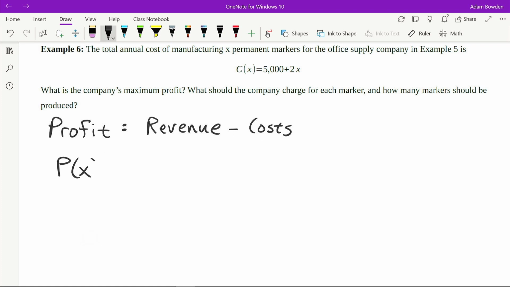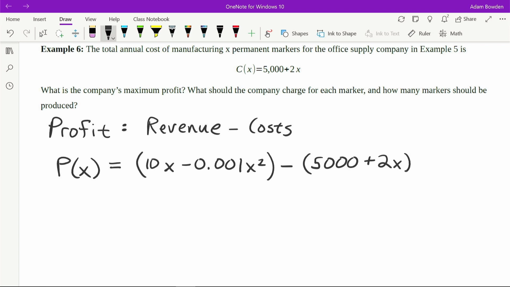So for profit P of x, go back to the last example, you can see what revenue was. It's the same revenue function here, (10 minus 0.001x) times x, subtracted by this new cost function they give us, 5,000 plus 2x. Let's simplify that down a little bit. So P of x, we'll write it down here again.